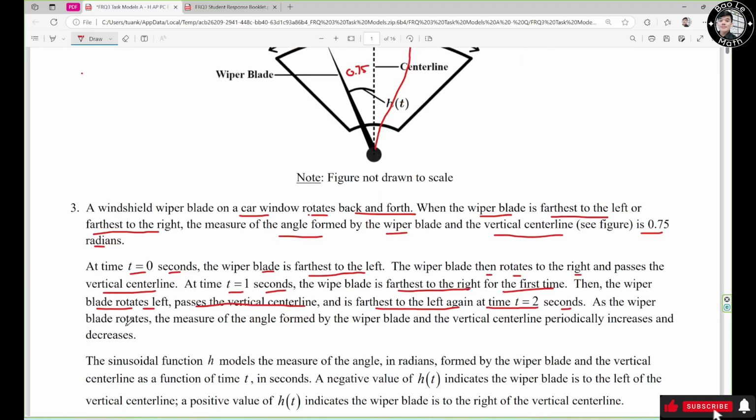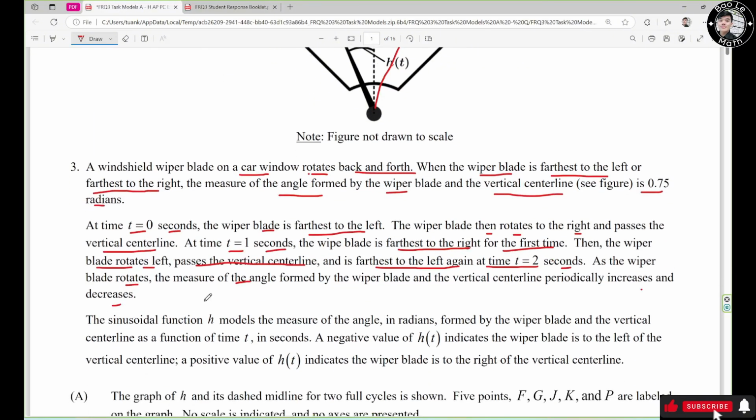As the wiper plate rotates, the measure of the angle formed by the wiper plate and the vertical center line periodically increases or decreases. The sinusoidal function h models the measure of the angle in radians formed by the wiper plate and the vertical center line as a function of time t in seconds.